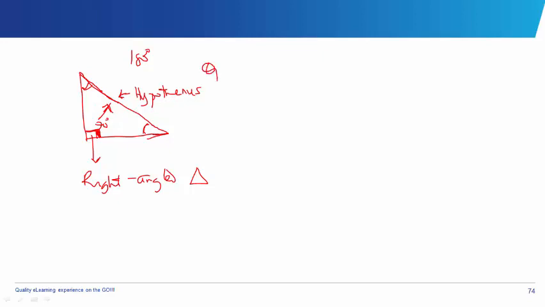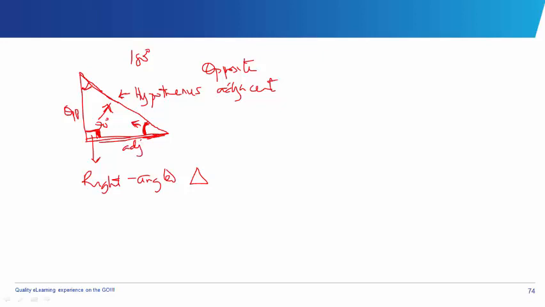Then we have two other sides. One is called the opposite, and another side called the adjacent. Assuming we are focusing on this angle, the opposite is the side directly looking at the angle we are talking about. Then the side adjoining the angle we are talking about is called the adjacent.